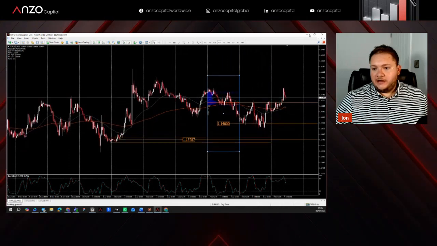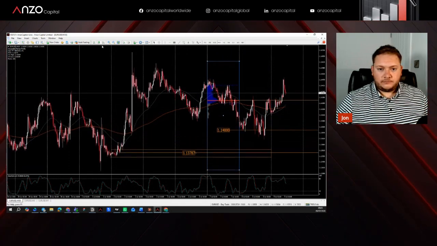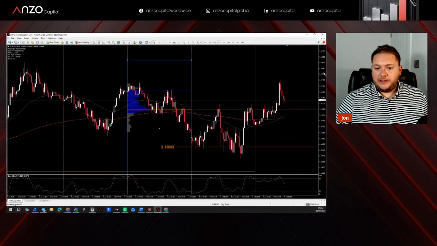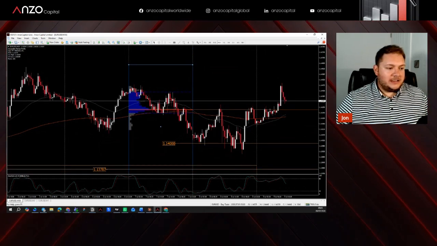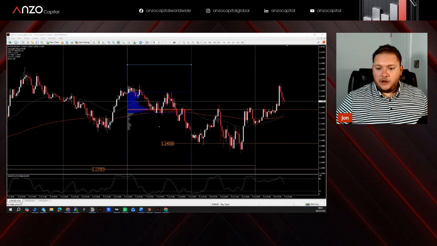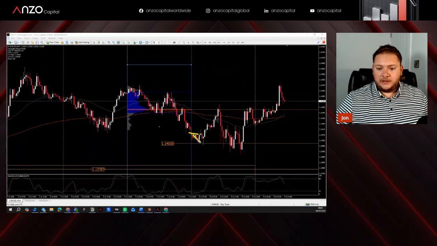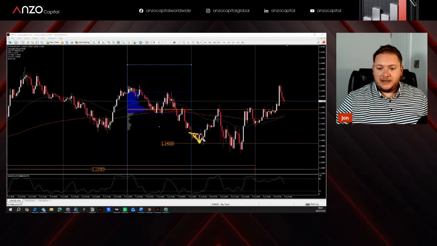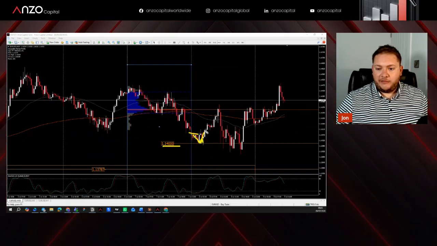Now, when I look at the 30-minute profile, I'm going to zoom in a little bit. You can see that price actually opened lower, right? We gapped a little bit lower. The market then hit that 114 handle and rallied back to the upside.